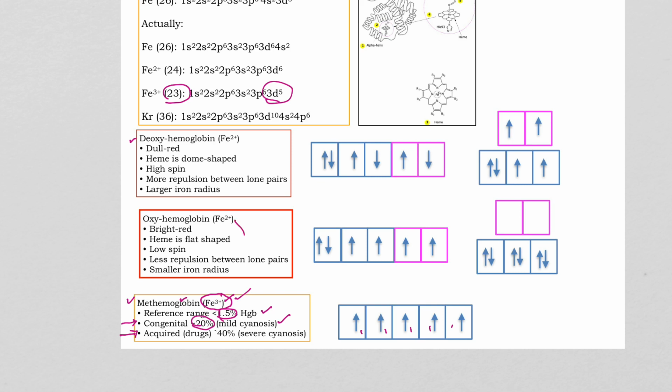Basically, the Fe2+ gets oxidized to Fe3+. And in cases of acute toxicity, the levels of methemoglobin can go up as much as 40-50%. And that can be very dangerous. Okay, that can be fatal. So methemoglobin is another test that is sometimes done in certain cases.